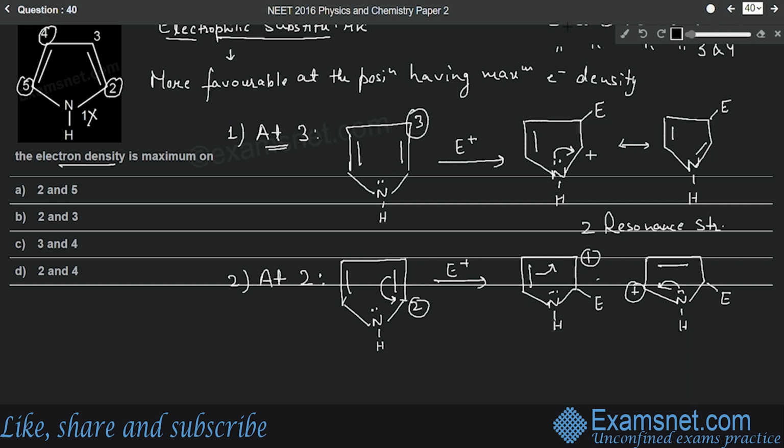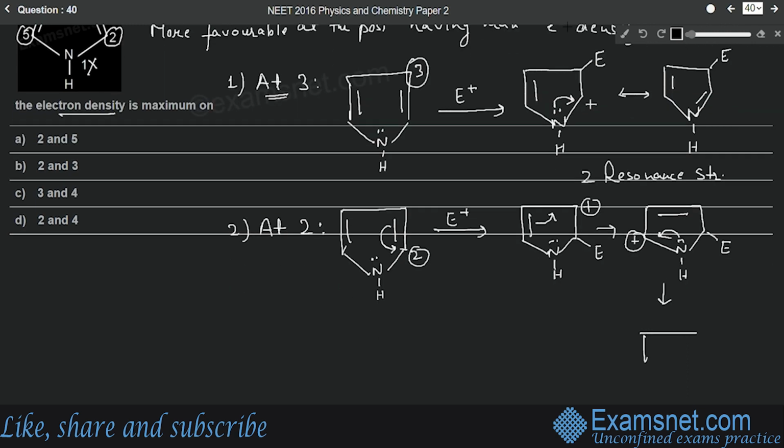So the next resonance structure is, this is the ring, this is the electrophile, this is nitrogen, this is hydrogen. Now the lone pair has moved here, so there will be a pi bond at this position, okay, and the other pi bond was at this position, okay. So how many resonance structures this time? 3 resonance structures.